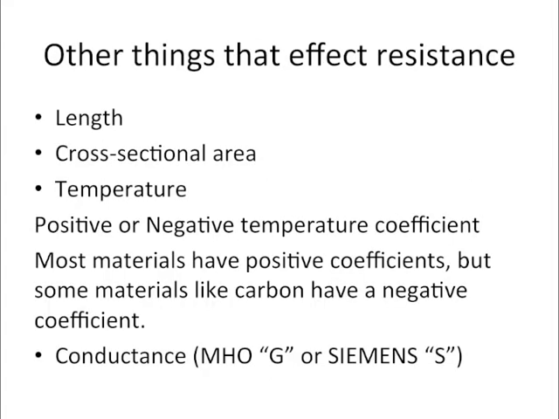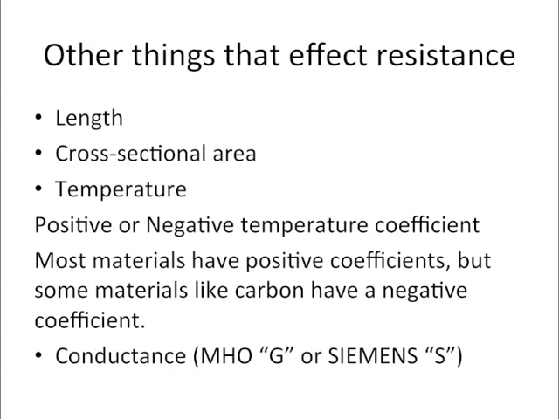Other things that affect resistance would be the length of whatever it is that it's traveling through. If you have a really long piece of wire, there's a lot more basically friction inside of there, and it can be turned into heat over the course of that wire. You can lose voltage that way, or basically it just increases the resistance.